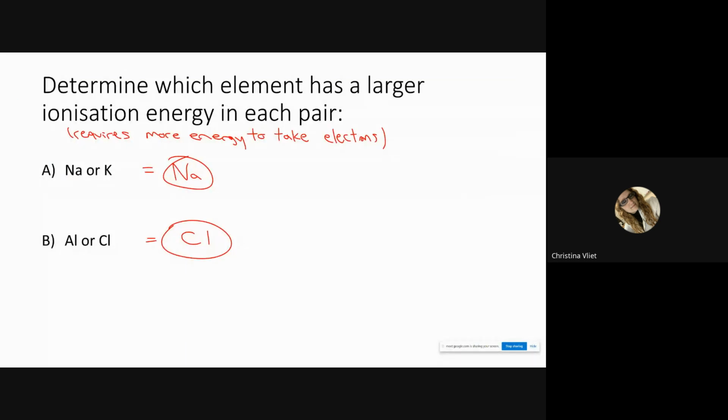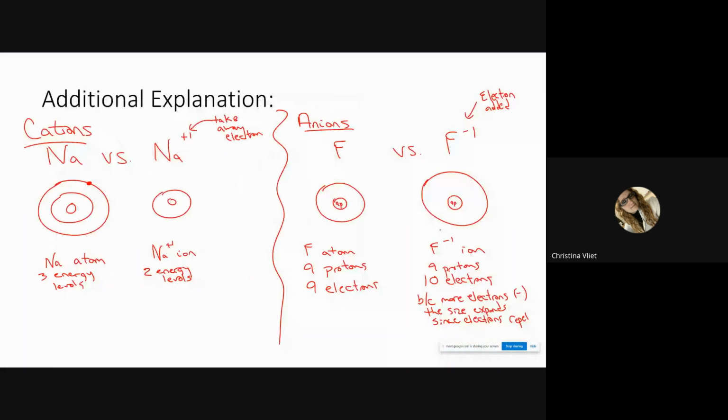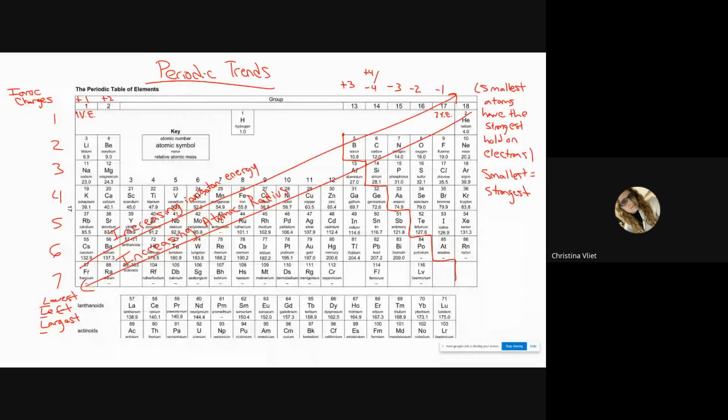All right, so ready for the last one? Let me go back first. Let me know when you've got it. I have the periodic table all the way in the beginning. Give me the thumbs up when you've got it written down, okay?